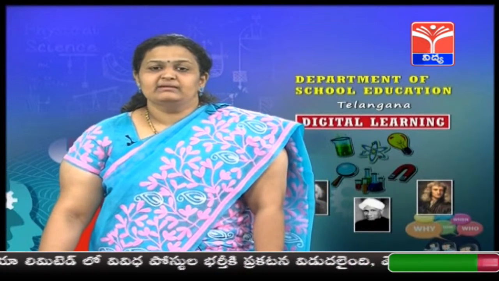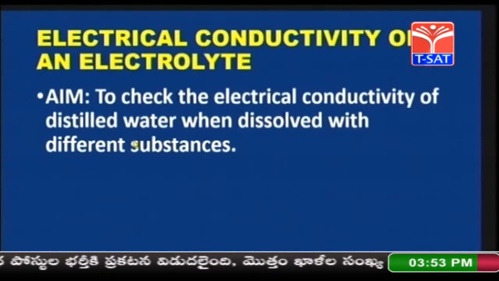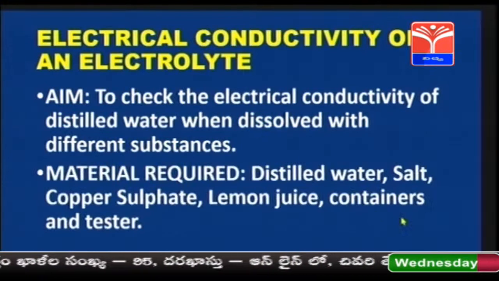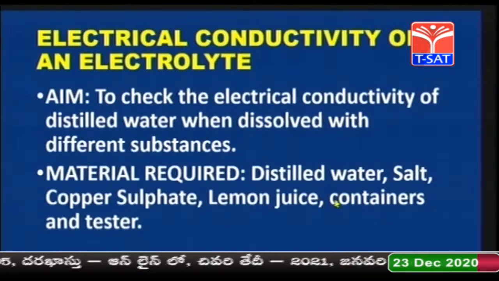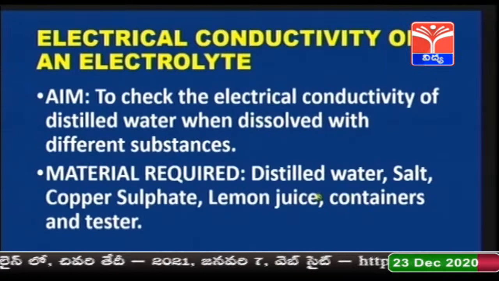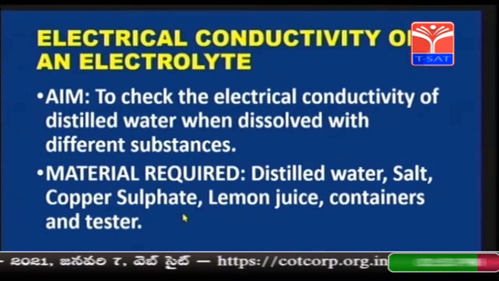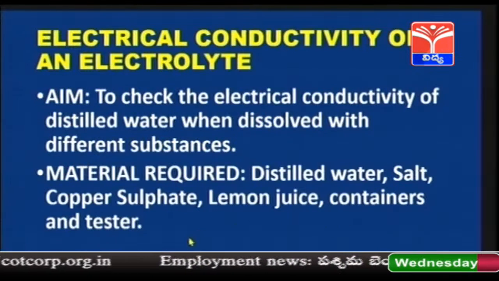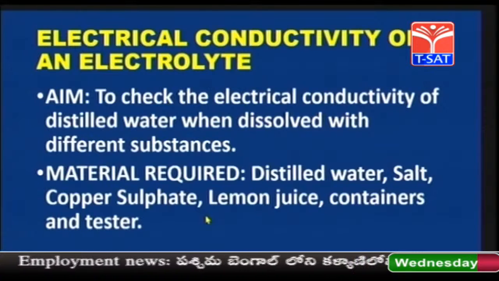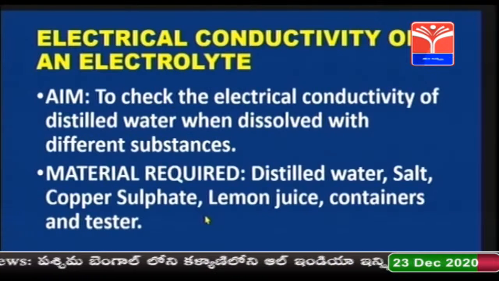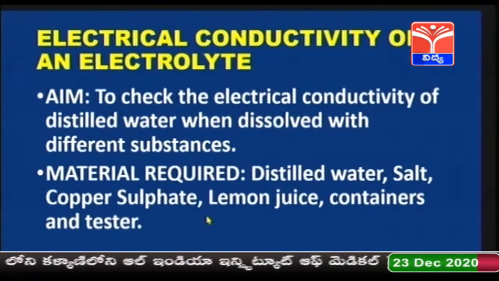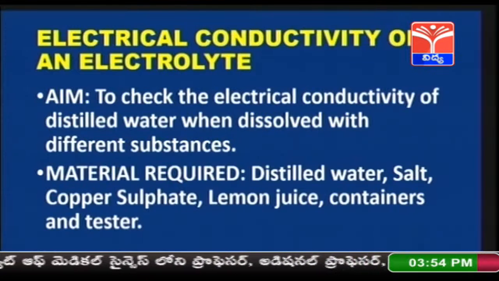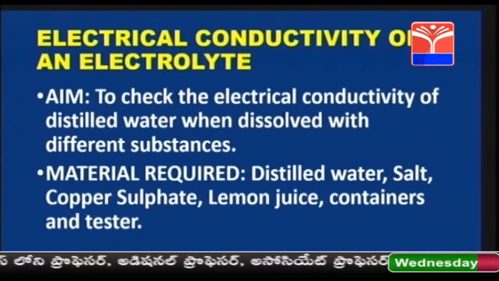So to check the electrical conductivity of distilled water when dissolved with different substances, we use for this activity distilled water, salt, copper sulfate, lemon juice, some containers and a tester. Tester is to check the passing of electricity. It is nothing but a small bulb, and we'll check if the bulb glows or not.